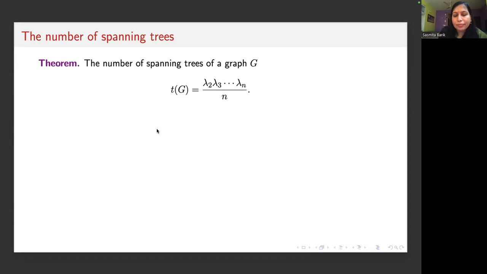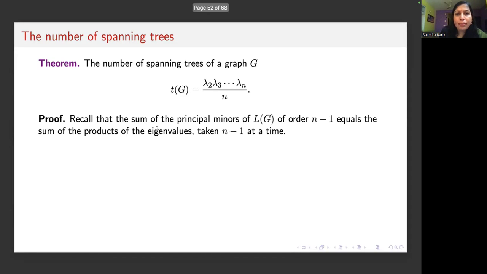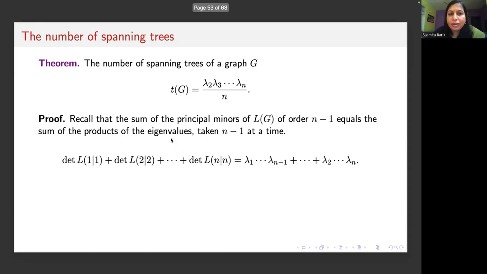And if you recall, the sum of the principal minors of LG of order n-1 is the same as the sum of the products of eigenvalues taken n-1 at a time, right? This comes from the characteristic polynomial.